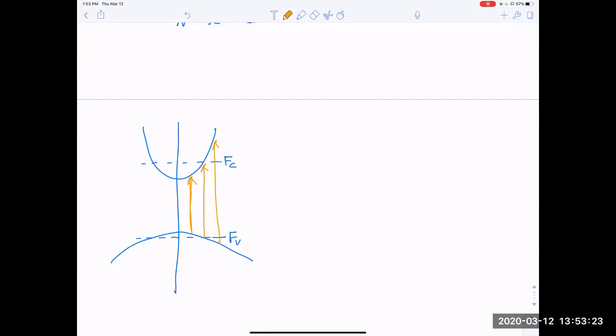So for Fermi distribution, let me draw it here. This is energy, and if I draw Fc, Fc is a Fermi-Dirac distribution. So it has a distribution that looks like this.